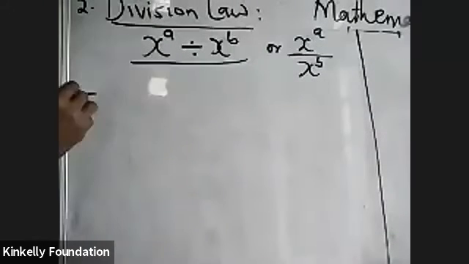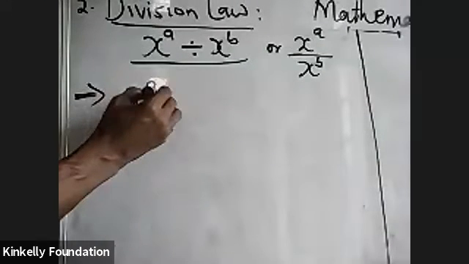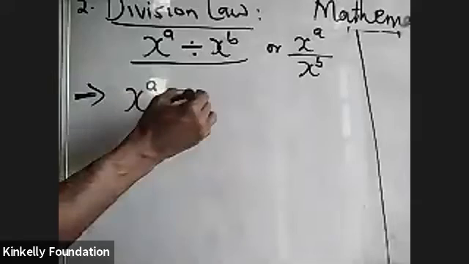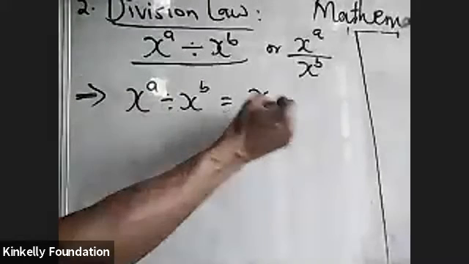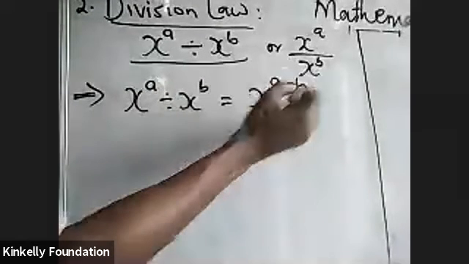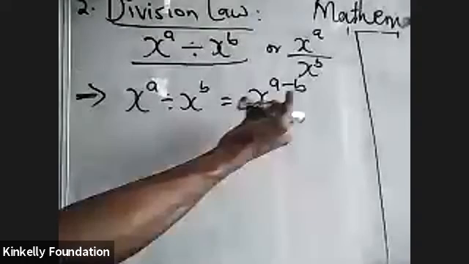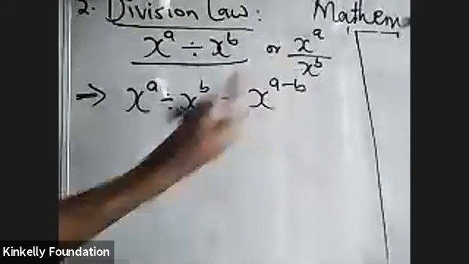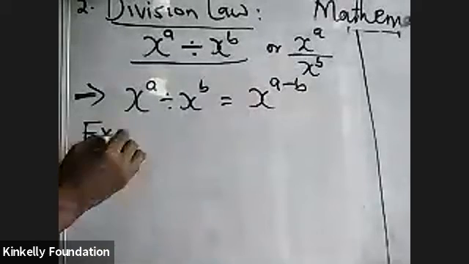S raised to power A divided by S raised to power B is the same thing as S raised to power A minus B. You subtract their powers. So let us look at an example.